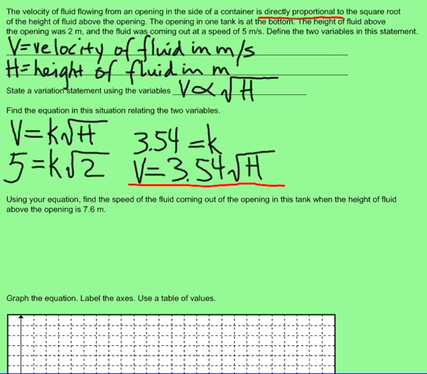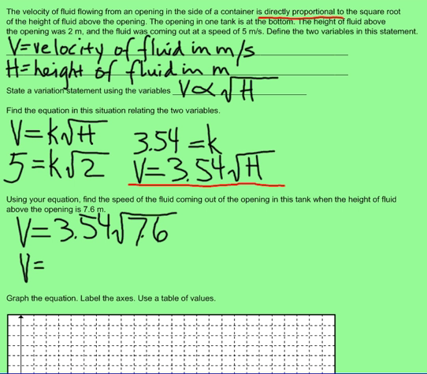Now, using your equation, find the speed of the fluid coming out of the opening when the height of fluid above the opening is 7.6. So 3.54 square root, and the height, the H, is 7.6.